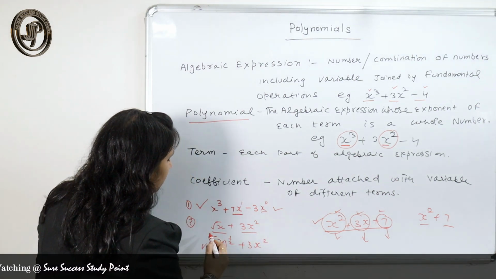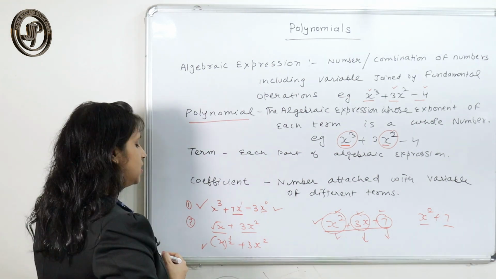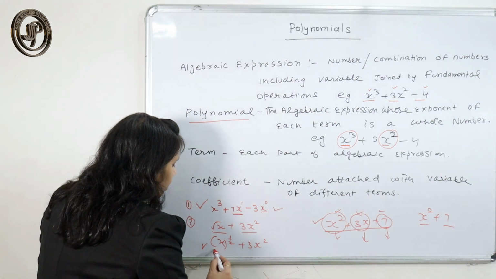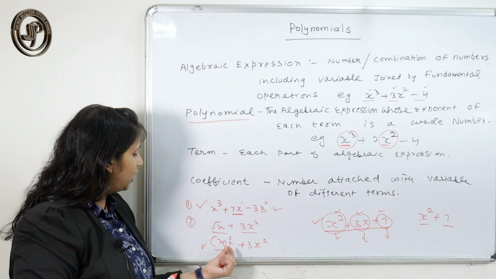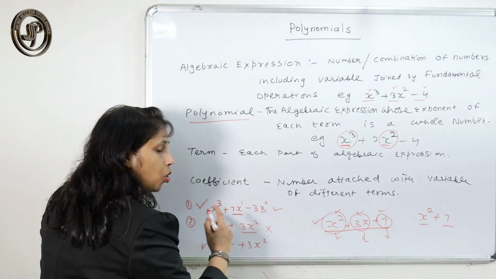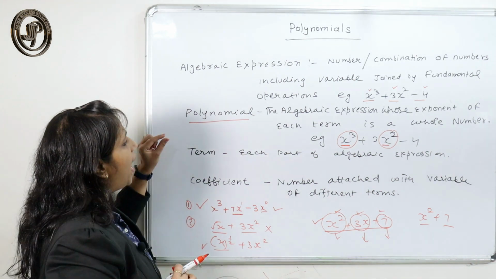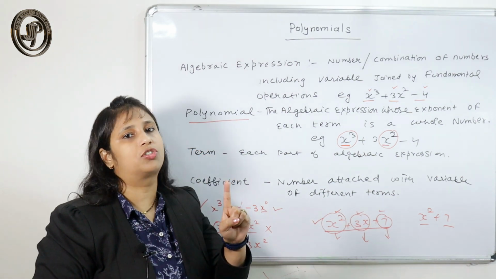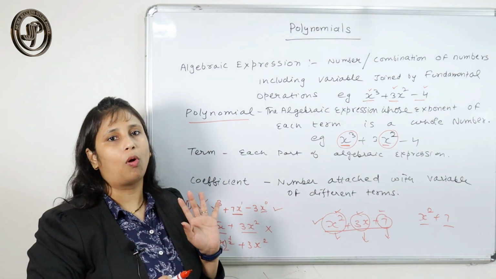So I can rewrite this as x raised to 1 by 2 plus 3x square. Here the exponent of the first term is 1 by 2, which is not a whole number. So we will say no, this is not a polynomial. If the exponent of each term is a whole number, then it is called a polynomial.